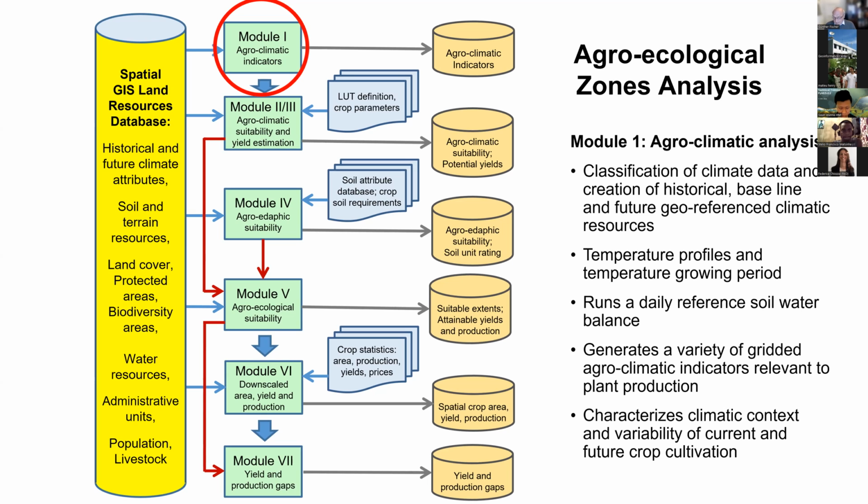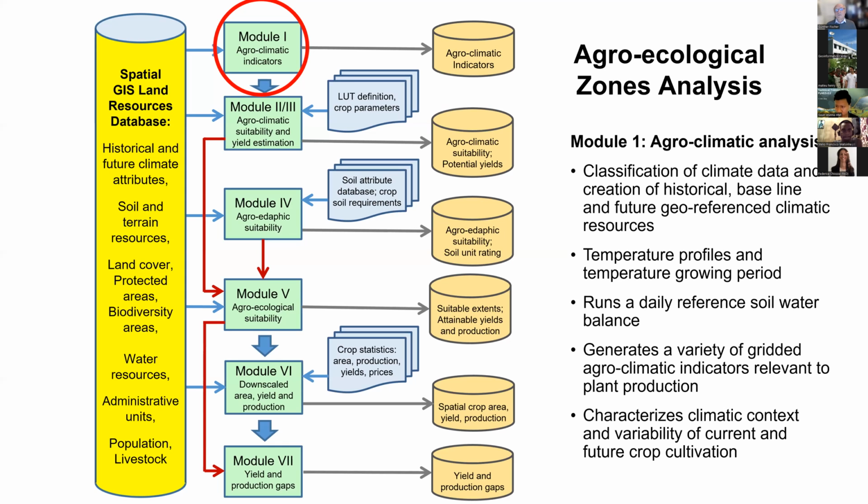It runs a daily reference soil water balance. It generates a variety of gridded agroclimatic indicators relevant to plant production, and it characterizes the climatic context and variability of current and future crop cultivation.